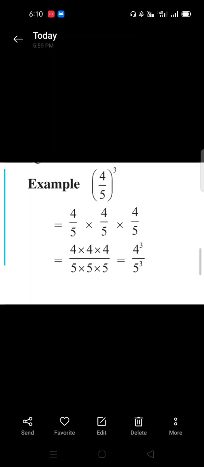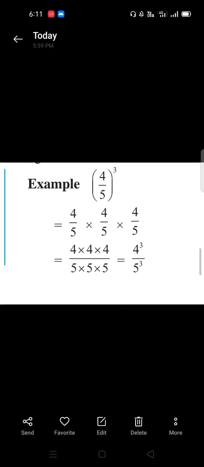4 upon 5 whole raised to 3 can also be written as 3 times multiplication of 4 upon 5. So 4 upon 5 multiplied by 4 upon 5 multiplied by 4 upon 5. Now, how do we do multiplication? Multiplication of numerators upon multiplication of denominators.